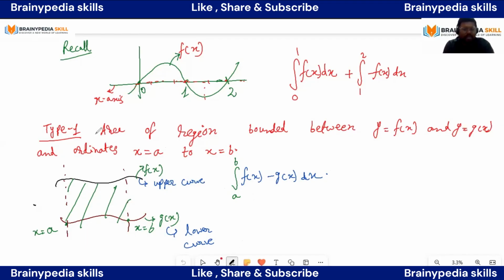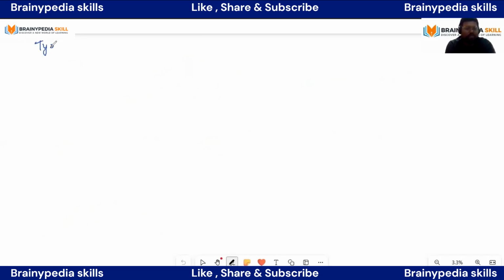Next we have type 2. Here a curve is bounded with the x-axis between the ordinates, obviously x equals a and x equals b.